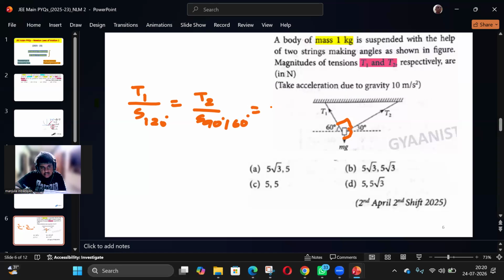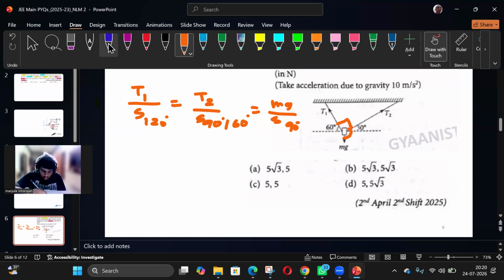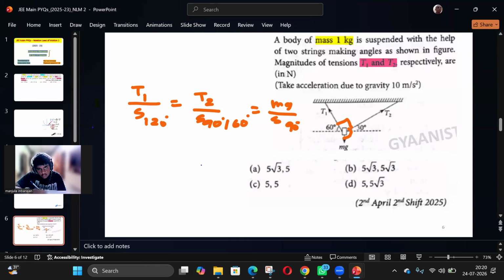Equal to 60. mg by sine 90. Sine 180 minus 60, that is sine 60, which is root 3 by 2, equal to T2 by sine 90 plus 60.